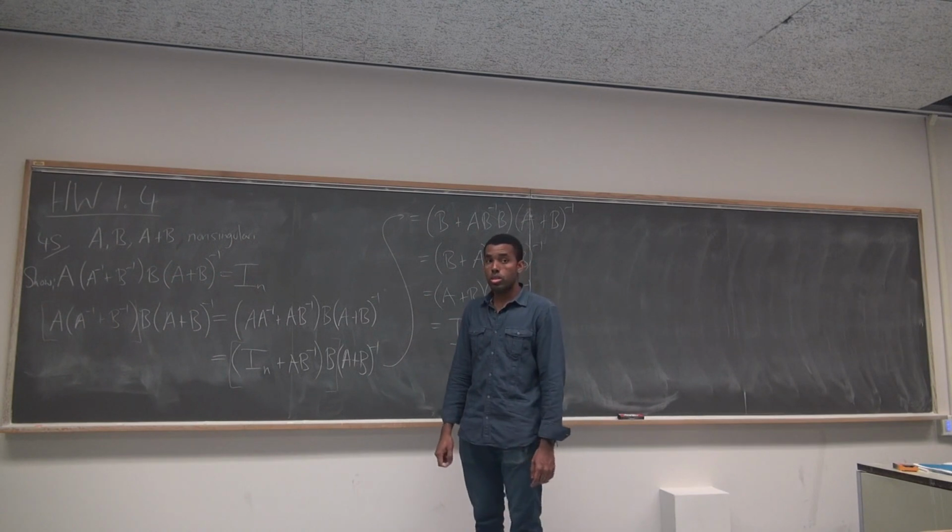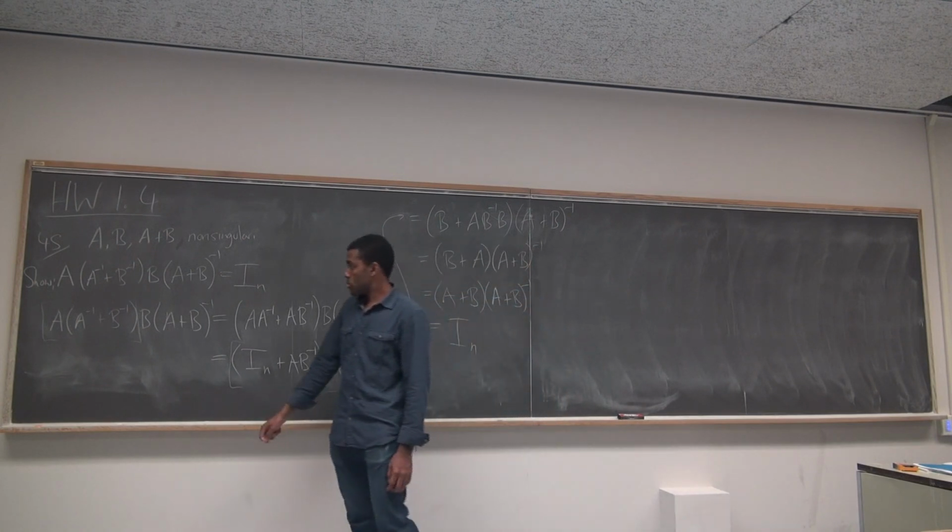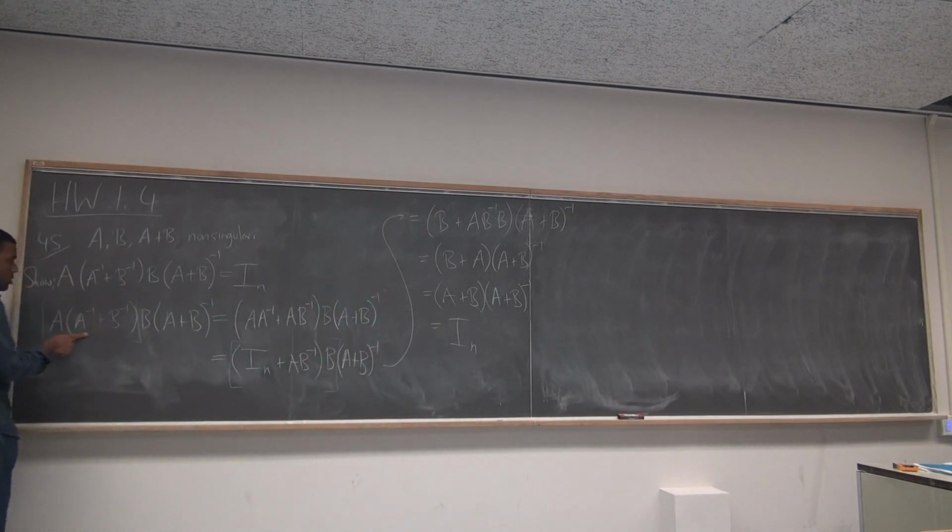I have a question. If we have a matrix and its inverse in the operation, but they are not consecutive, say A inverse times B times A, we cannot simplify that, right?